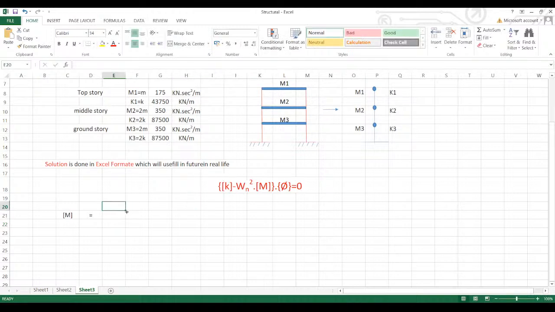Okay, what is mass? The mass matrix of this building has M1, 0, 0. The diagonal elements will be the masses, otherwise all the elements are 0. Our mass matrix is like this.